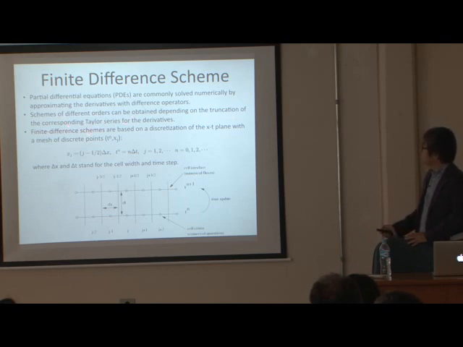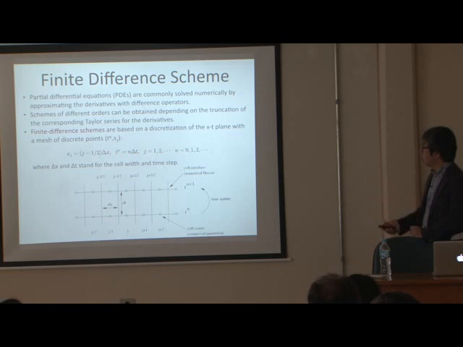Finite difference schemes are based on discretizing the x and t plane with a mesh of discretized points. Here t equals t_n, n is the different time level, and j is the different grid point, the spatial point. So x_j equals (j minus half) delta x, and t_n equals n times delta t, with j equal to 1, 2, 3 and so on.